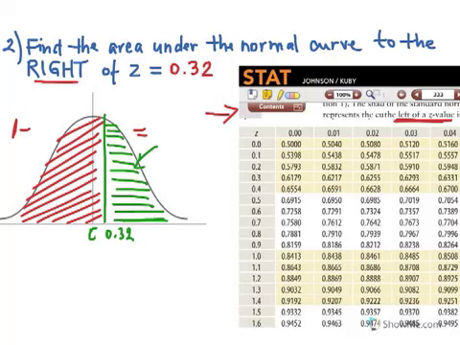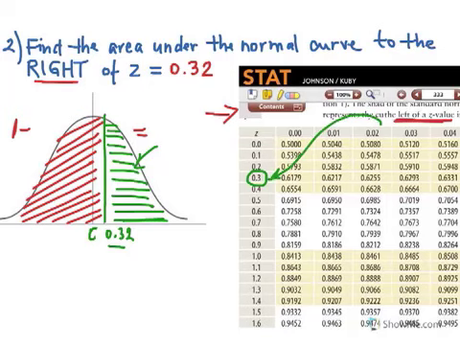So let's see, what is the area or probability to the left of z = 0.32? We go to the table and we find 0.3, which is the tenth digit, and then 0.02 will be our 100th digit.